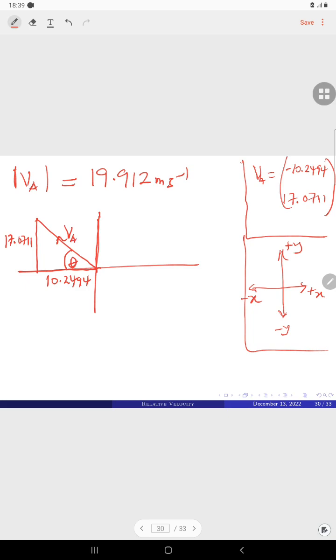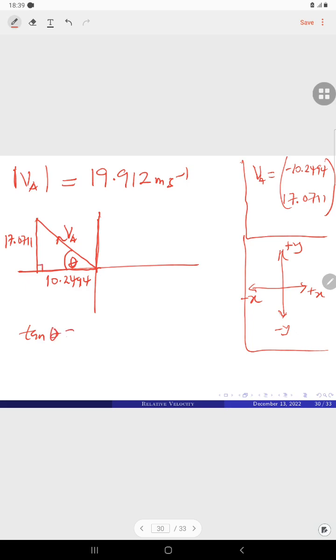Somebody can put the magnitude there, but I don't like that, because the risk in that is that if you have problem with the magnitude, it's going to affect your direction as well. So I would prefer to use the column one. All right. So opposite adjacent. This is our 90. So opposite adjacent.